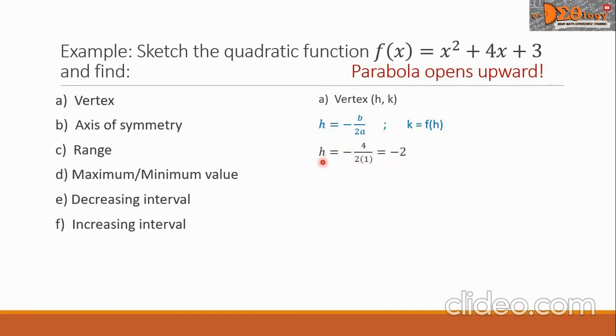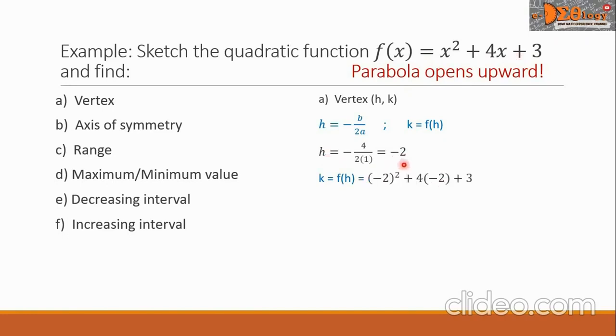This is the h. Now for the k, we will use this value of h in our original function. It means I'm going to copy the same function down here, but every time there is an x, I will change that by the h value, which is negative 2.